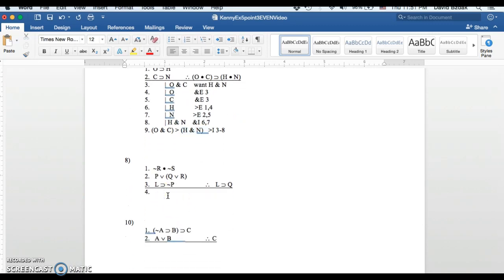Okay, so 4, we got, again, a conditional as our conclusion, so we'll indent, vertical line, L, want Q. So again, we assume the antecedent, and we go until we get the consequent here. So now with L, we can get not P by conditional elimination of 3, 4.